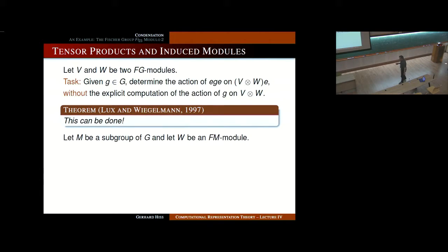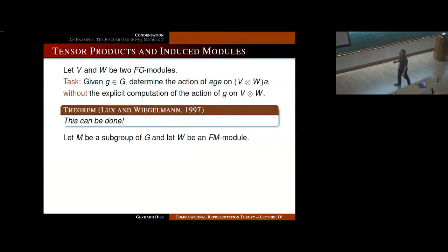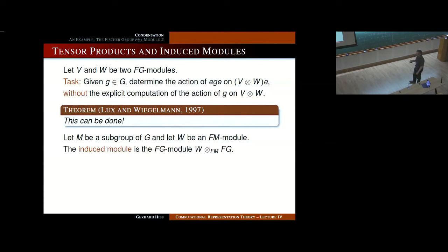And also for induced modules, if you have a module W of a subgroup M of G, then you can define the induced module. In terms of modules, it's just this tensor product. So its character is the induced character I introduced in the first two lectures.